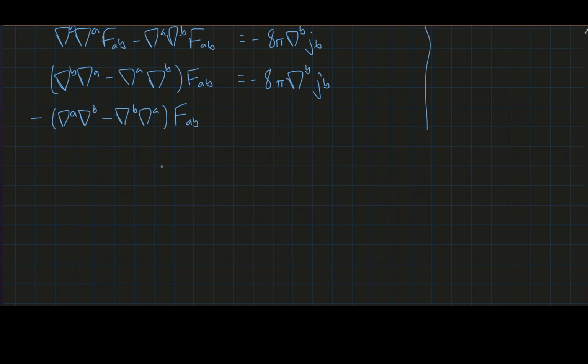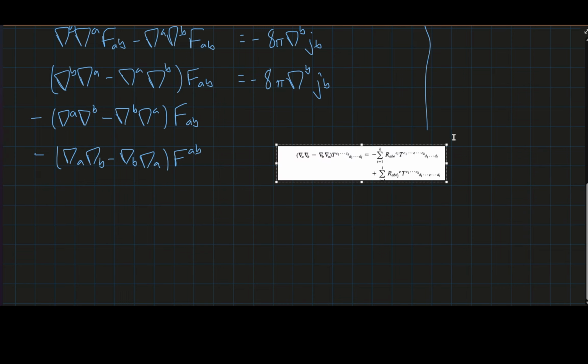Now, we can use metrics to lower all of the covariant derivative indices and then raise those same indices on F. I'm not going to do this explicitly. I'm just going to write this out in the flipped form, like this, with F^AB upstairs. Now we're able to rewrite this in terms of the Riemann tensor.